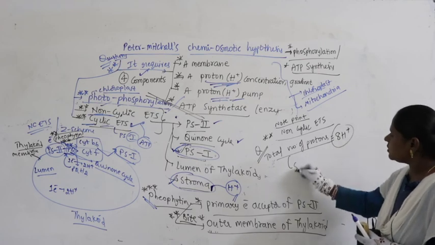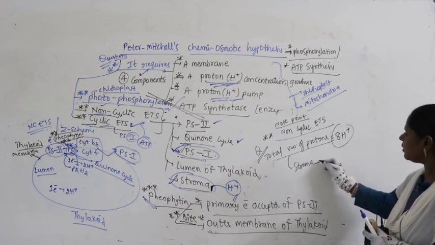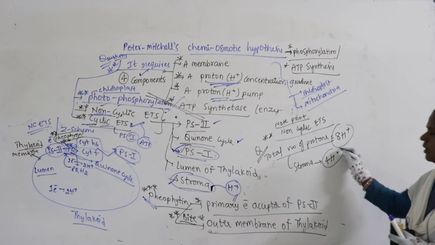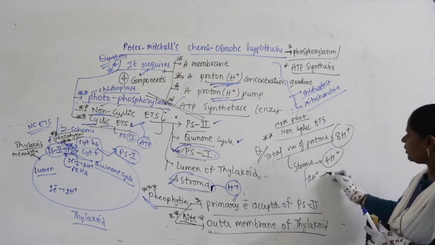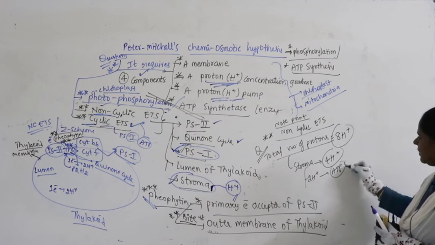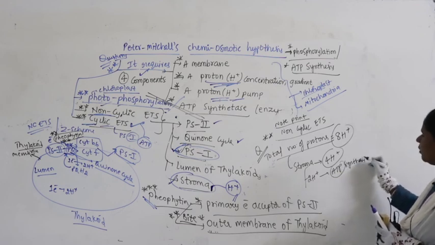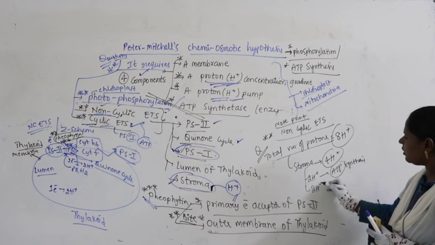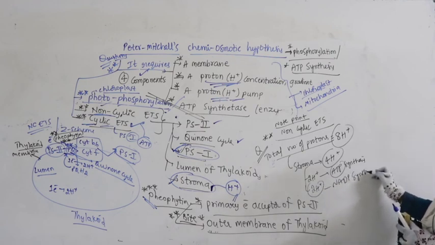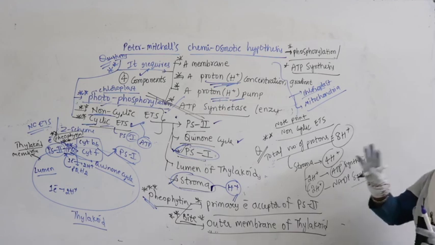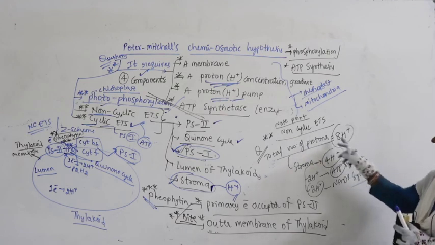Out of 8, how many protons does the stroma contribute? 4 protons. Why does the stroma contribute 4 protons? 2 protons it gives for ATP synthesis, and 2 more protons for NADPH synthesis. Very important, need to recollect it. The total number of protons involved in non-cyclic is 8.